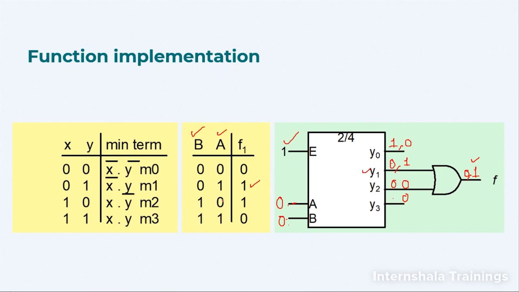Then if I try 1, 0, y2 is going to be 1 and because of that f will be 1. And for 1, 1, y3 is going to be 1. In that case, y1 and y2 both are 0, so the output will be 0. So effectively, this complete circuit will work like an XOR gate. This is the function of an XOR gate.